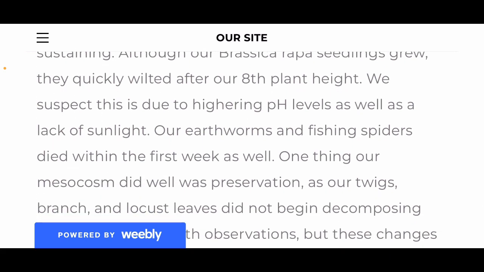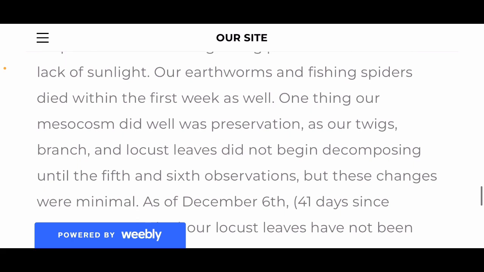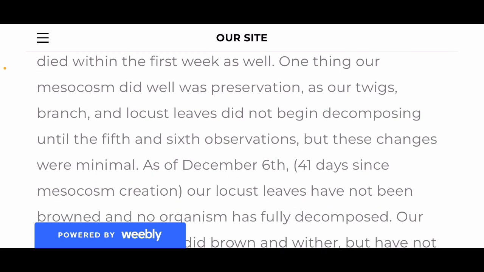We suspect this is due to the soil pH levels changing and being unsuitable for the Brassica rapa, and also a lack of sunlight during Thanksgiving break, and probably the weather conditions as well. Our earthworms and fishing spiders also died within the first week. Rest in peace. And pretty much everything that did not have a root attached to it was already dying.